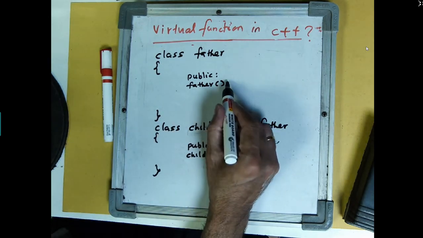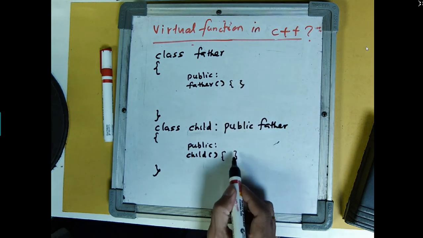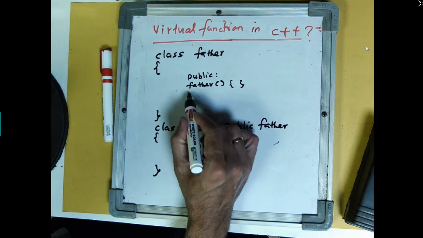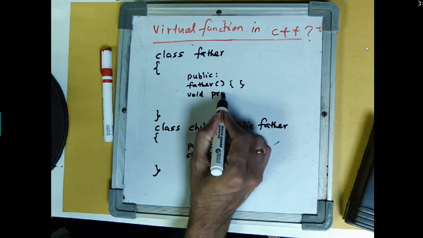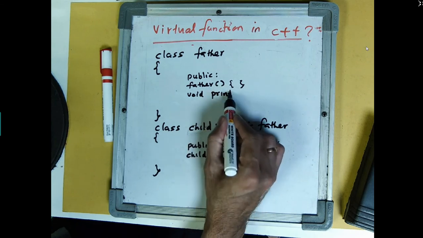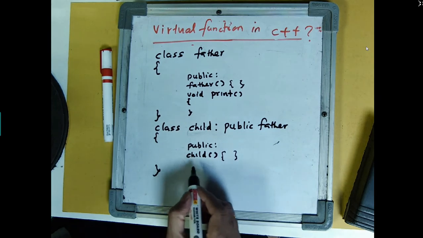Similarly, let's say you also have a member function, let's call it void print, and this function is there in both the places.